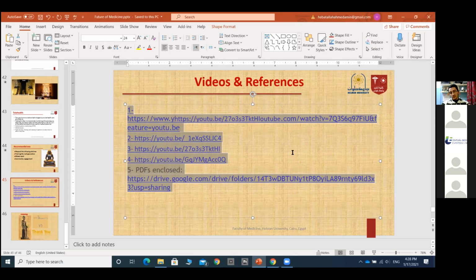Without being obliged to know too much about information technology, you should know how to deal with it. You can work with information technologists to create, for example, a brain-computer interface.